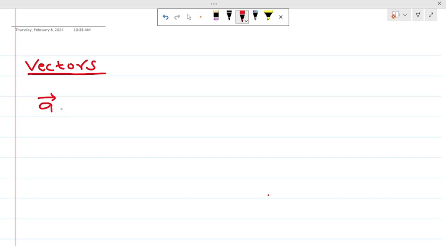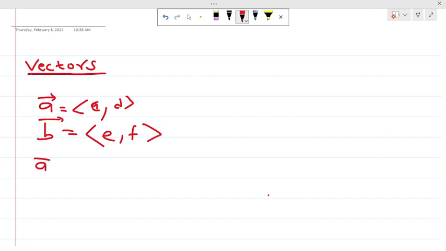Now, suppose we have a vector A which is given by C, D, and a vector B which is given by E, F. When we are asked to find the sum of these two vectors, that is A plus B, what we do is add C and E, that is the x component of the two vectors, and also add the y component of the two vectors.